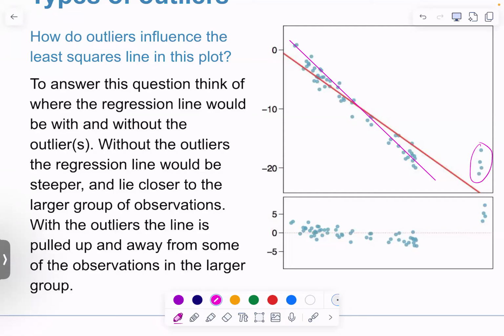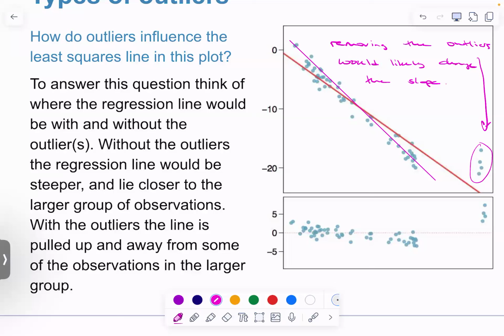But it would change the slope, right? And so removing the outliers, these guys here, would likely change the slope, which in turn would change your predictions. And so it would alter things, kind of, hate to say significantly, right?